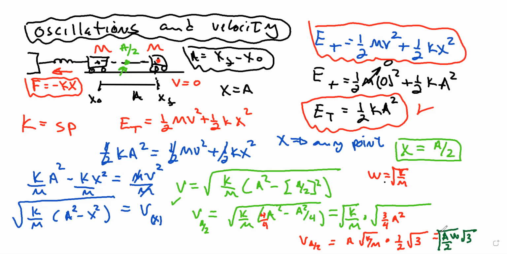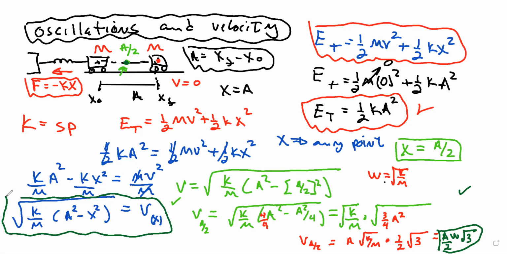And right here you have the velocity of your particle at the point A divided by 2, which is at the middle of the amplitude. And there you go. You got another problem right there. And you have a formula, which can come very handy to find the velocity of the particle in your harmonic oscillator at any position. Okay, thank you.